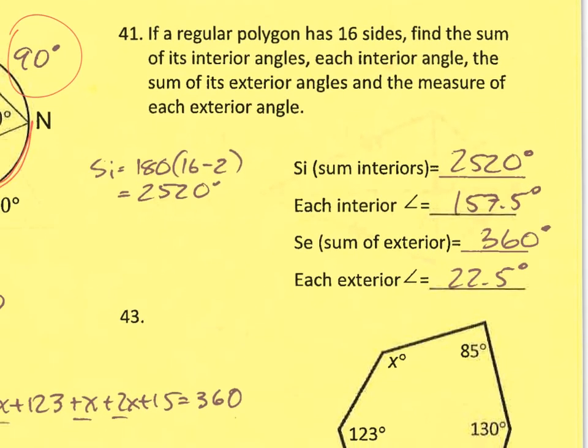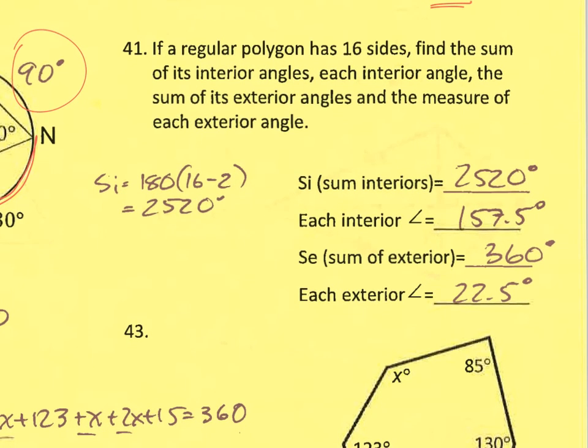Number 41 are formulas. So you want to review these formulas. I can give them to you really quickly. Sum of the interior is 180 times n minus 2. Again, n equals the number of sides. So if I have 10 sides, sum of the interior would be 180 times 10 minus 2. Each interior, I could take 180 minus each exterior, or I could take the sum of the interior divided by the number of sides.